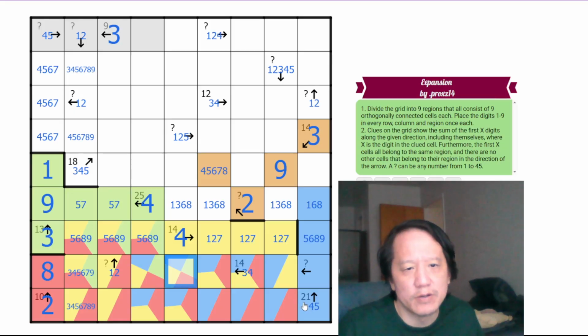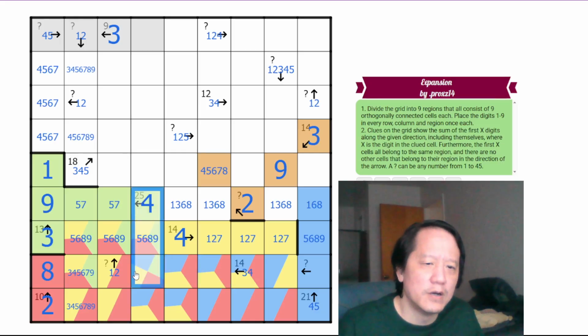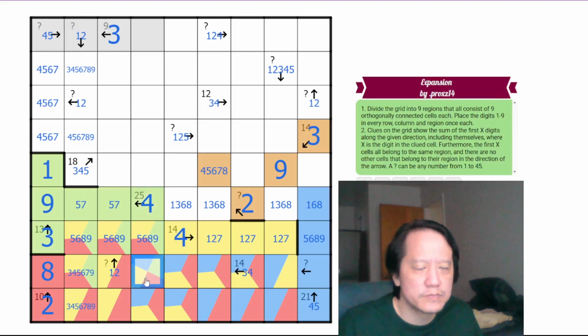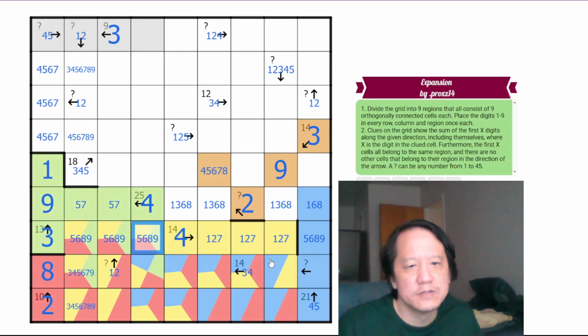This can't be green. If we try to have green, green, green, this is only 3 going that way, so this can't be green. Could have 2 there. So green has to have 2, 6, and 8 adding up.